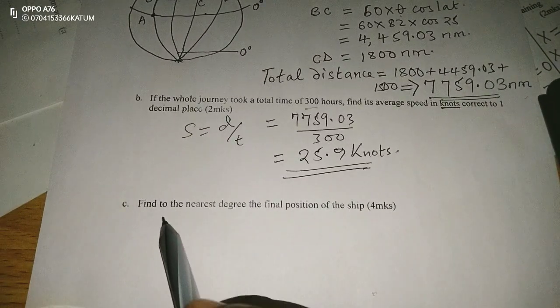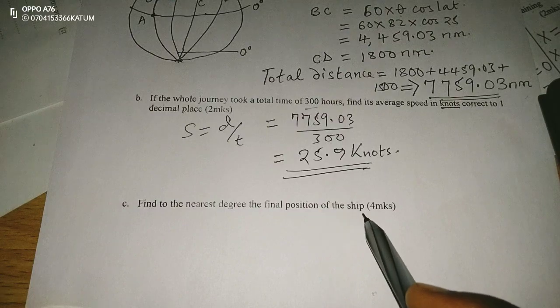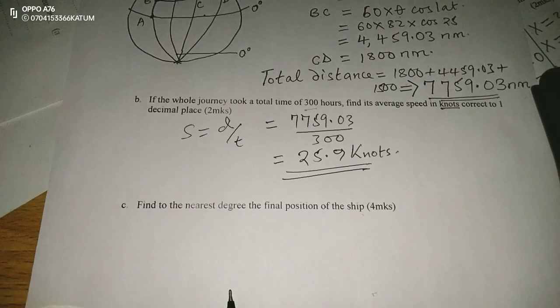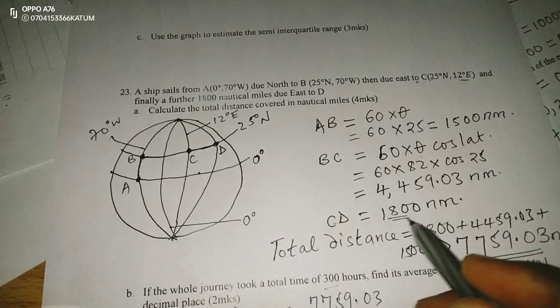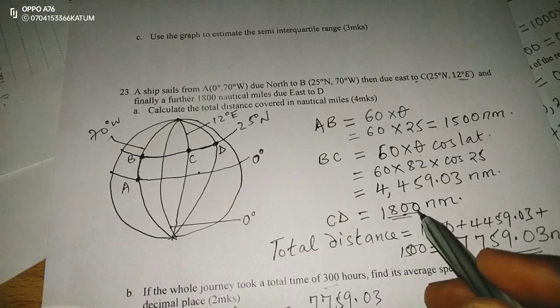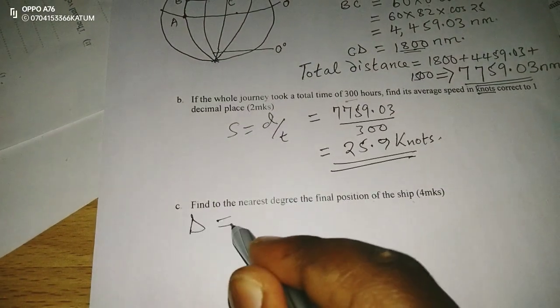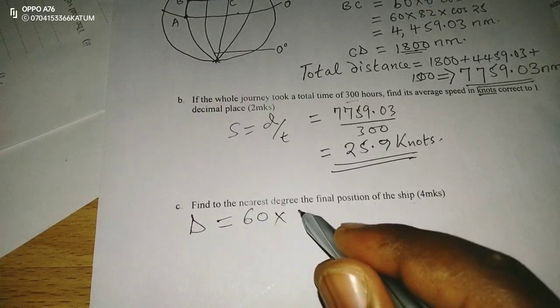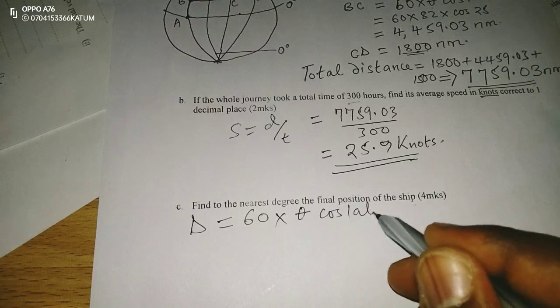Finally, we are told to find, to the nearest degree, the final position of the ship. Because we've been told that from C to D it's 1,800 nautical miles, we can get the angle difference from C to D. That distance is given by 60 multiplied by the change in longitude, times the cosine of latitude.